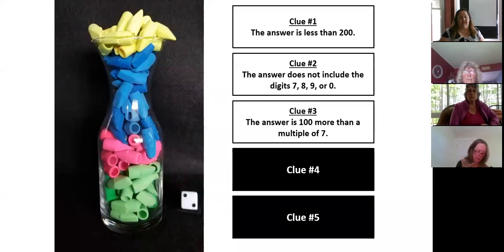Our multiples of 7: 7, 14, 21, 28, 35, 42, 49, 56, 63, 70, right? So we know it's 100 more than those. But we also know that it does not include the digit 7. We know that it doesn't include the digit 8, 9, or 0.